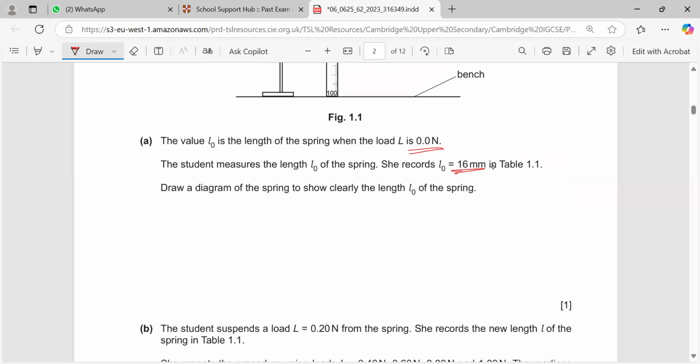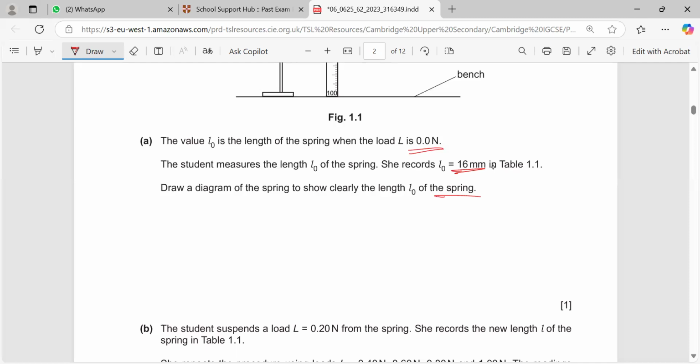Draw a diagram of the spring to show clearly the length L0 of the spring. So what to do? We can draw the diagram accordingly. It can be done on the same diagram, or you can draw a separate diagram.